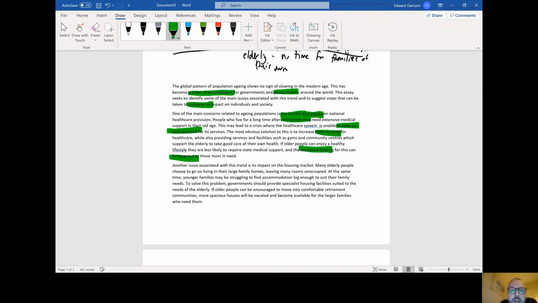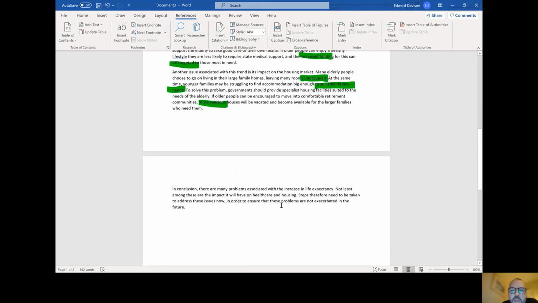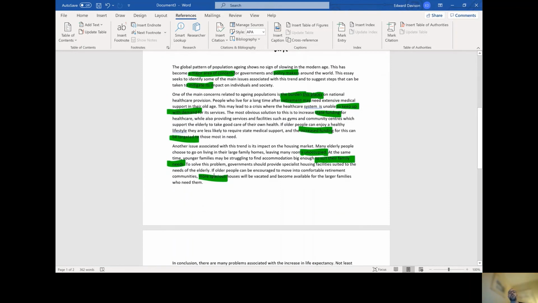Increased funding can be targeted. Unoccupied. To suit their family needs. More spacious. It's avoiding repetition there. Exacerbate. Or not exacerbated, that's in the passive voice as well. So lots of words and phrases there that are really lifting the lexical resource of this essay.